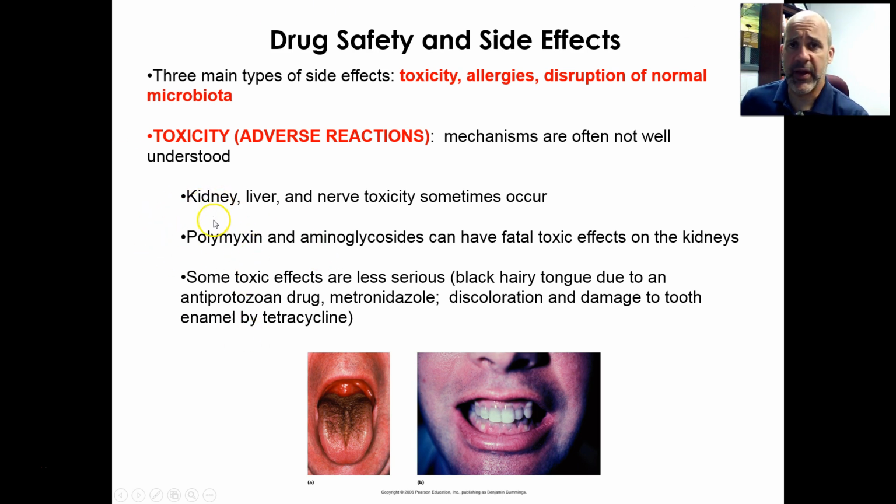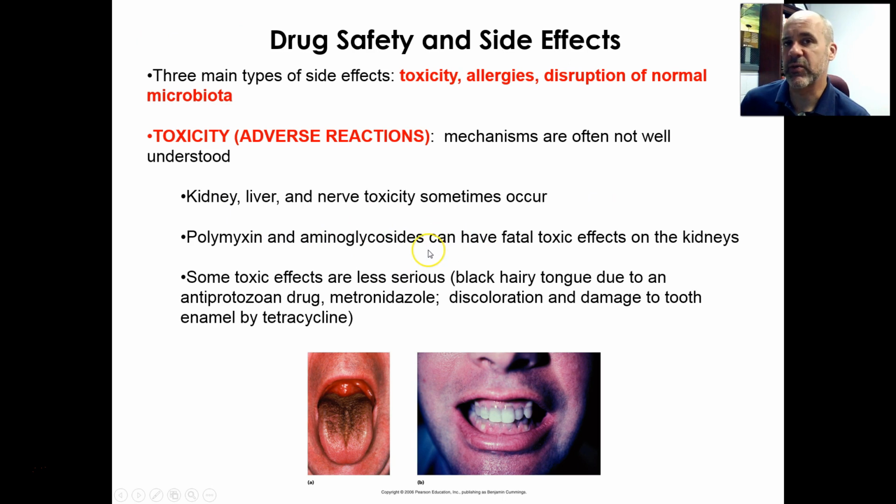Polymyxin is a good example. That's one of those hole puncher drugs that's used especially for some types of gram-negative bacteria like Pseudomonas. But unfortunately, it can also poke holes in the membranes of our cells as well. And so that's a form of toxicity. You have to be very, very careful with that.